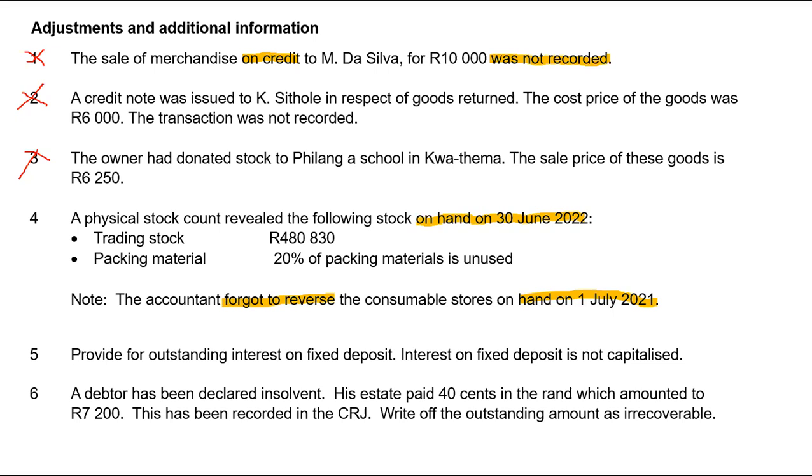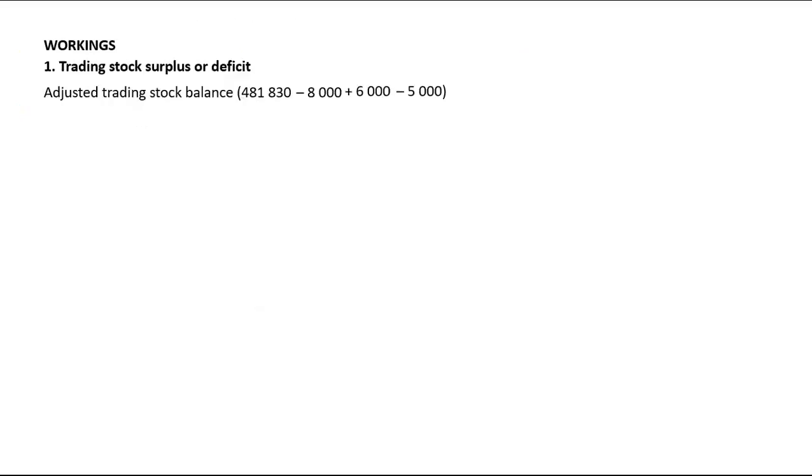Okay, I'm just going to go to this trading stock. So the trading stock that was counted is this 480,830. Okay, that is the trading stock that was counted. However, in our books, the one that we have adjusted is not that much. The one that we have adjusted, because I'll have to close it, is basically this one over here, which is just based on the source documents.